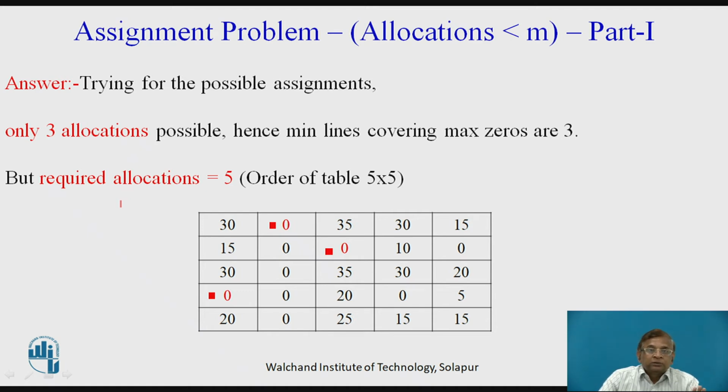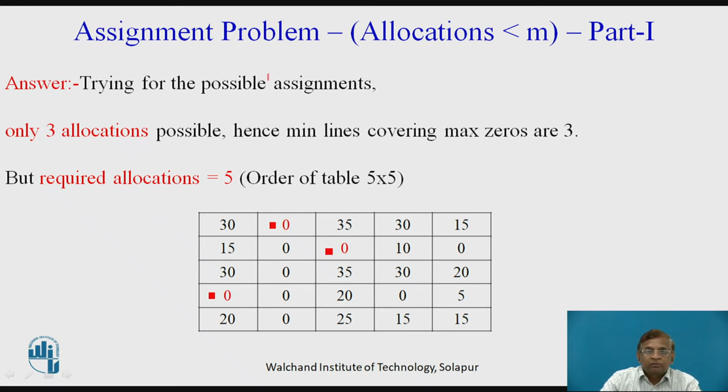But the basic requirement is that the number of allocations must be equal to the order of the table. Here the order of the table is 5 by 5, so the number of allocations must be equal to 5. This is a very basic requirement in assignment models, but we are getting only 3 allocations, less than 5.